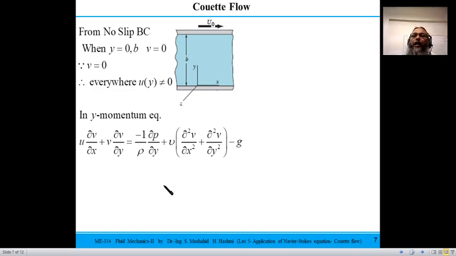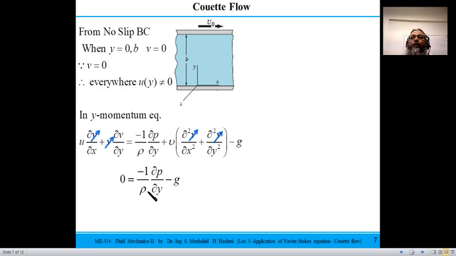If you look at the y momentum equation here, you see that v is 0. In the y direction, this v is 0, this v is 0, this v is 0, this v is 0. So the whole left hand side is gone, and the viscous terms are gone.